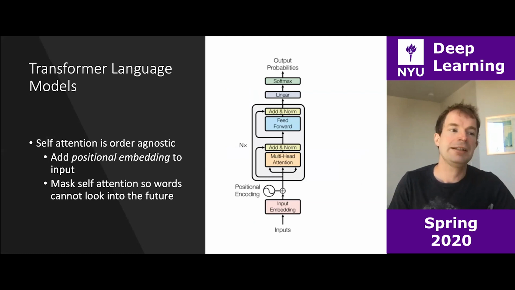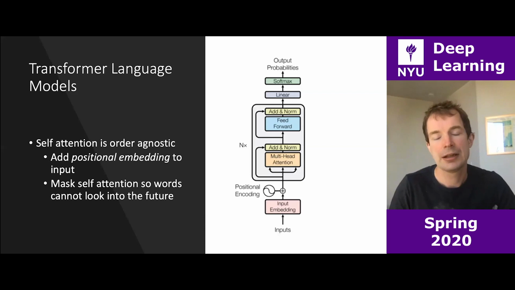So one other detail we need to make all this work is to add something to the input called the positional embedding. As I described this model so far, it's actually an extremely low bias model. It knows very little about language. The inputs could be anything, and it would work. You can model a set or a graph or anything like this.